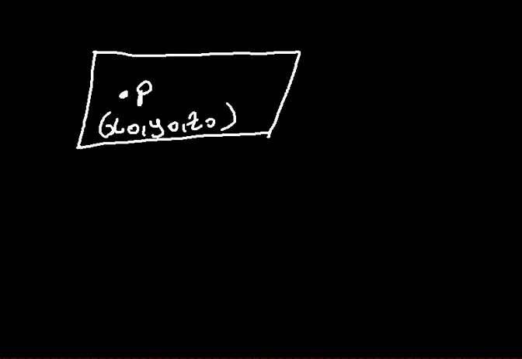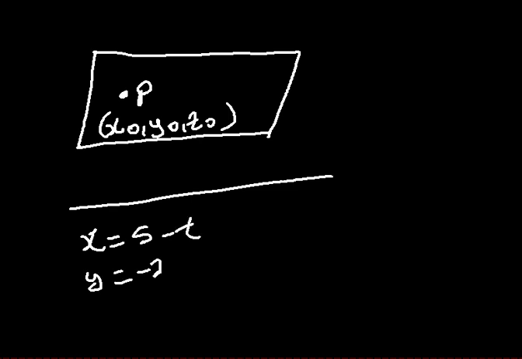And let's say we have a line which is parallel to the plane, given in terms of parametric equations as x equals 5 minus t, y equals -2 plus 2t, and z equals -1 minus 3t.